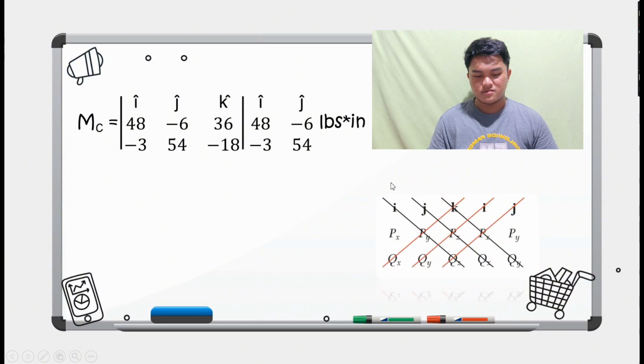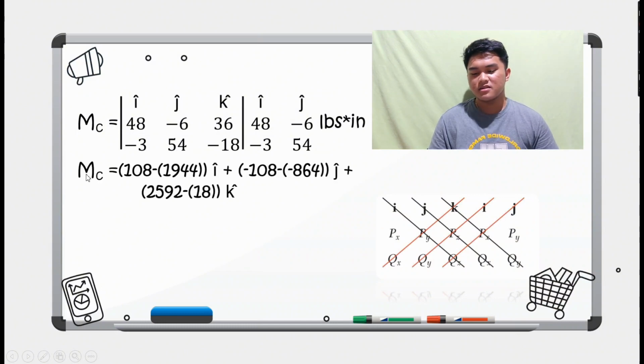In solving this, we will get MC is equal to 108 minus 1944. How do we get 108? We get 108 by multiplying the i hat diagonally.